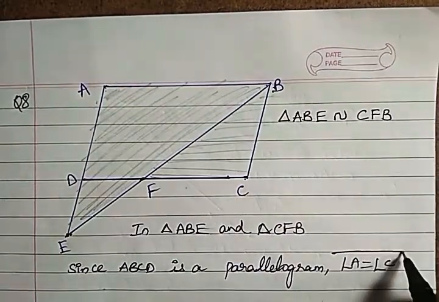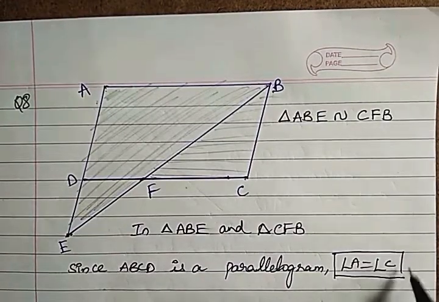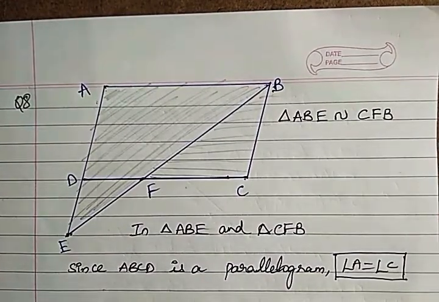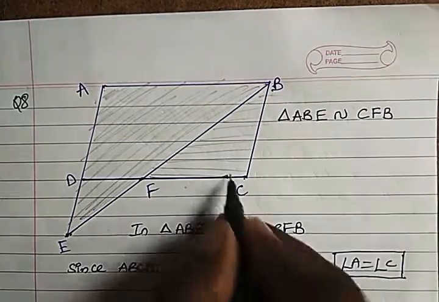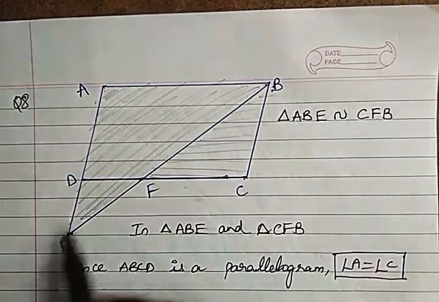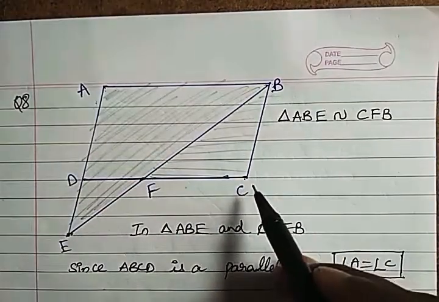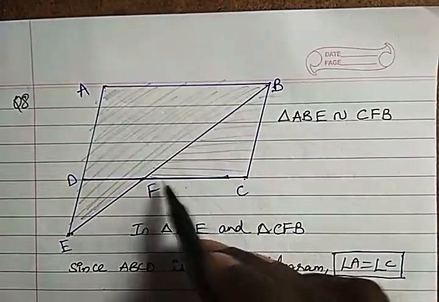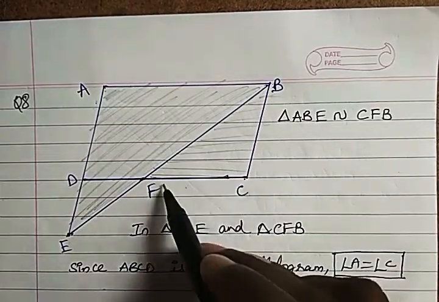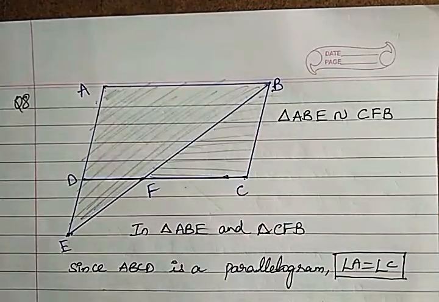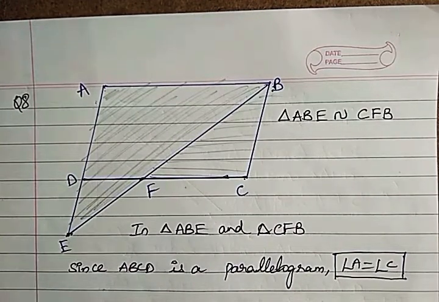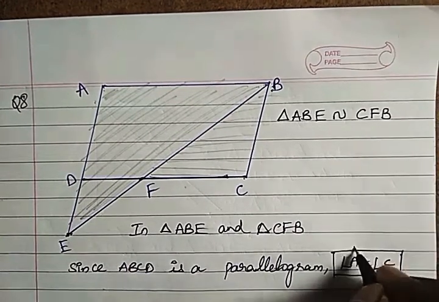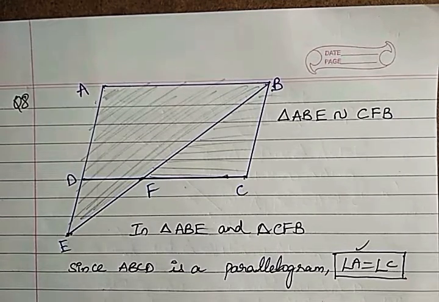They are opposite angles. In a parallelogram, opposite angles are equal, opposite sides are equal, and they are parallel also. So angle A is equal to C. That means in triangle ABE and in CFB, angle A and C are equal. This is one pair of angles we have got equal. If one more angle is equal, or even sides are equal, then our work is done.